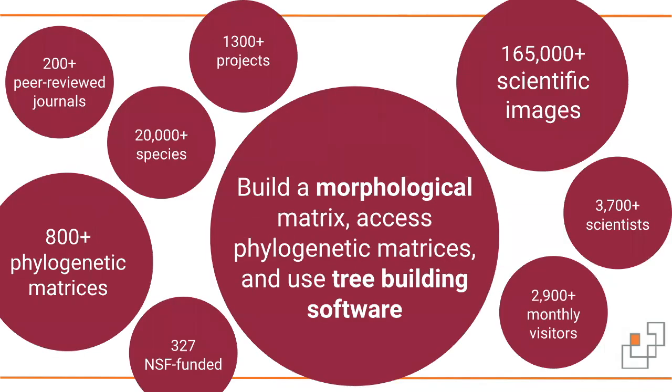Through MorphoBank's open access website, you can build and access morphological matrices, and you can also use tree building software. MorphoBank has over 1,300 projects, of which over 300 are from NSF funding. Those projects represent articles from over 200 peer-reviewed journals, and those projects have been worked on by over 3,700 scientists and student researchers.